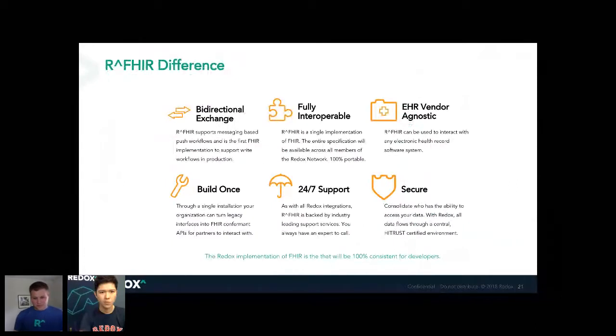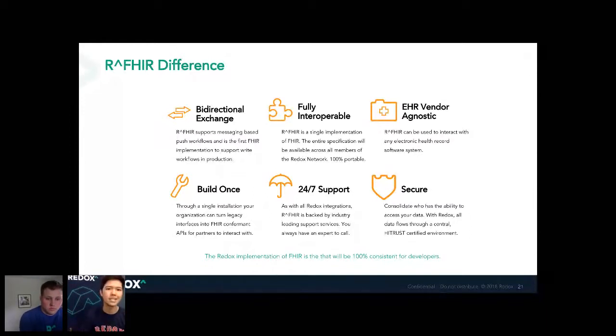These are differentiators in the way that we support FHIR in comparison to a lot of EHR vendors or custom implementations. First off, bi-directional exchange. We are able not only to push data to you via the FHIR bundle format, but also to send to the EHR, regardless of the EHR's FHIR capabilities themselves.